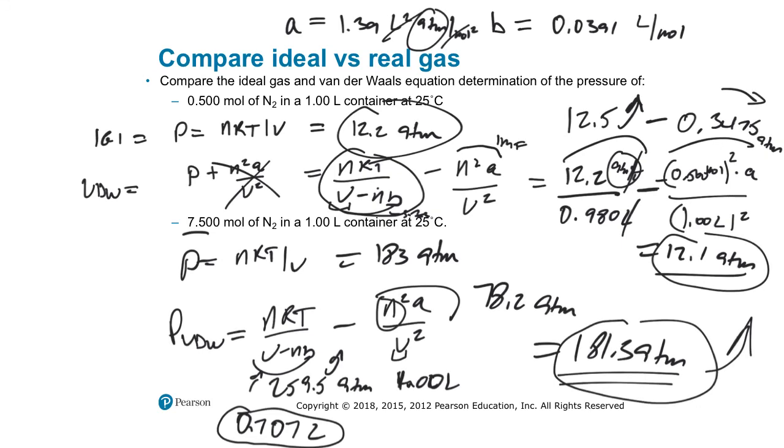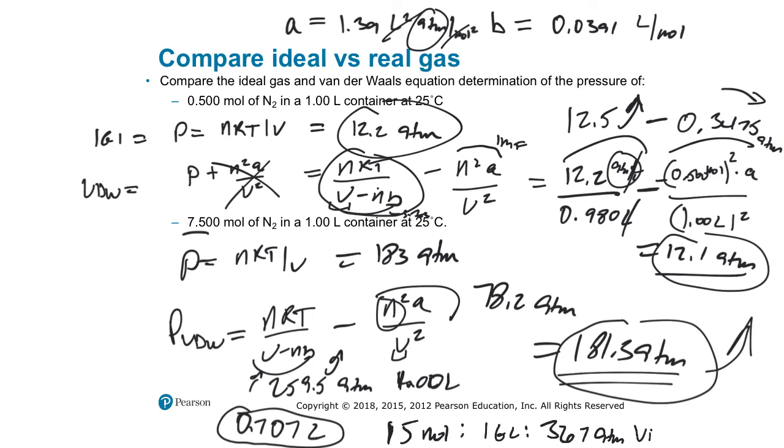So if we were to do this again, if we say put 15 moles of N2 in. So if I did 15 moles, and I work out the ideal gas law pressure, so 15 times 0.08206 times 298 gives me a pressure of 367 ATM.